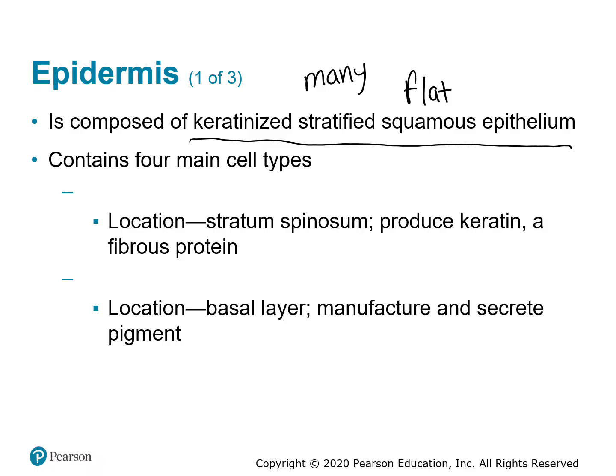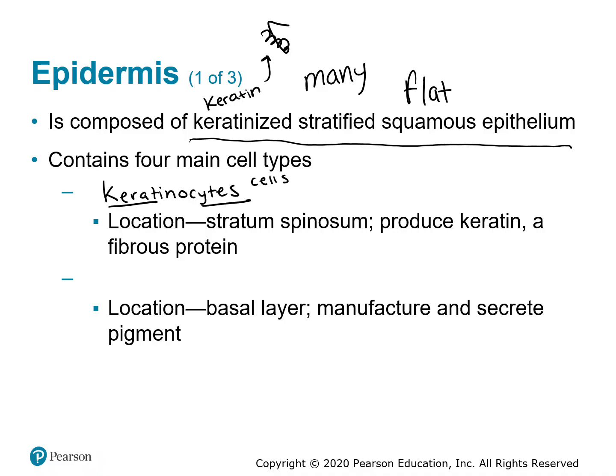They will have what we call keratin. Keratin is a protein that helps to waterproof, harden, all kinds of stuff. There are 4 main types of cells that you will find in the epidermis, in that top layer of skin. The first is keratinocytes. Keratinocytes are literally keratin cells.